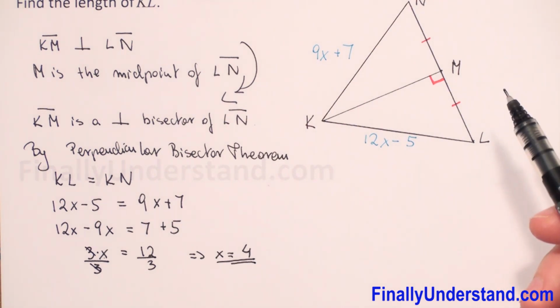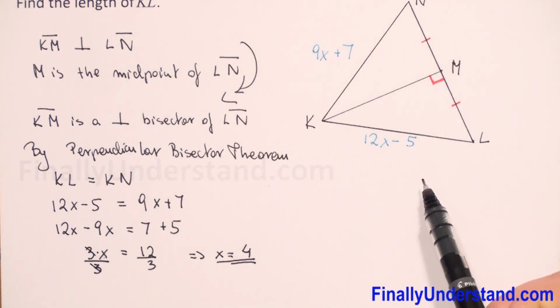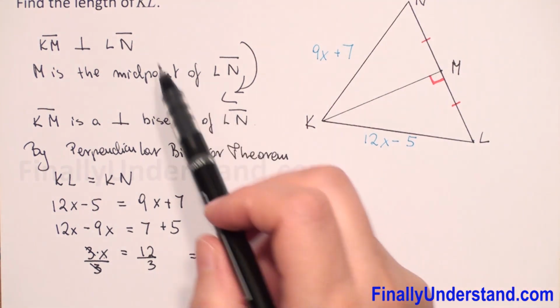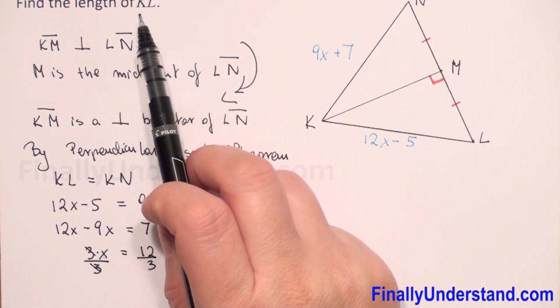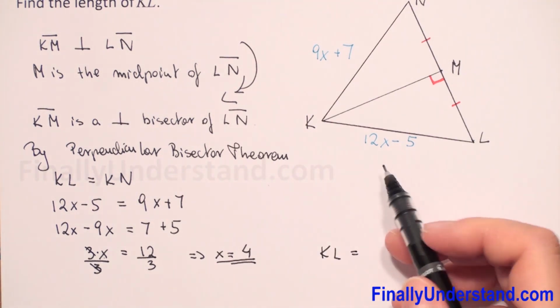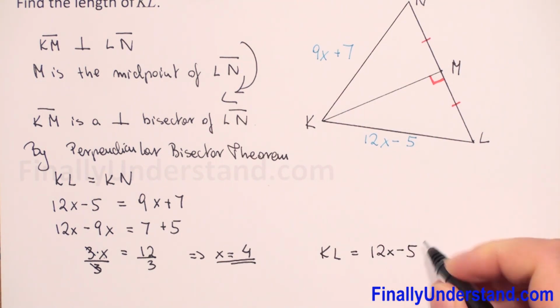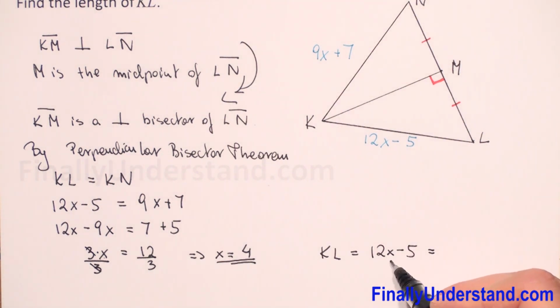So now we will come back to our side KL. We have to find the length of segment KL. So KL is given by the expression 12x minus 5. So now x we will substitute by 4.